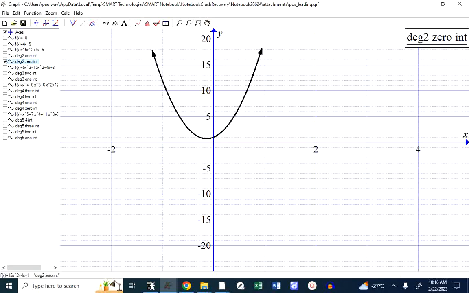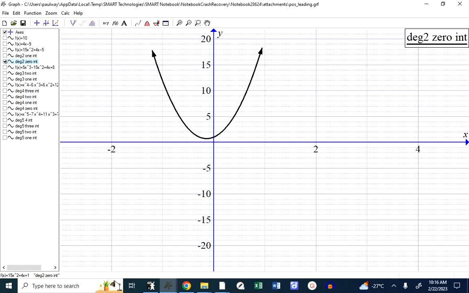And I'm going to ask you a question right now. What is it about the graph of a degree 1 polynomial function that's different than the graph of a degree 2 that guarantees the degree 1 is going to cross the x-axis? Seamus? The fact that it infinitely goes up and down. Right. The fact that the arms are going in opposite directions vertically.